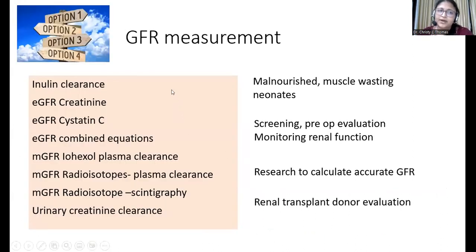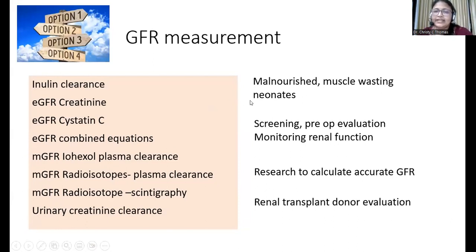So you have seen multiple options for measuring the glomerular filtration rate; which one to choose, which one to use. The first one is inulin clearance, which is still the gold standard. Then we have eGFR by creatinine, eGFR by cystatin C or combined equation, and multiple methods of calculating measured GFR, or you can use the urinary clearance studies also.